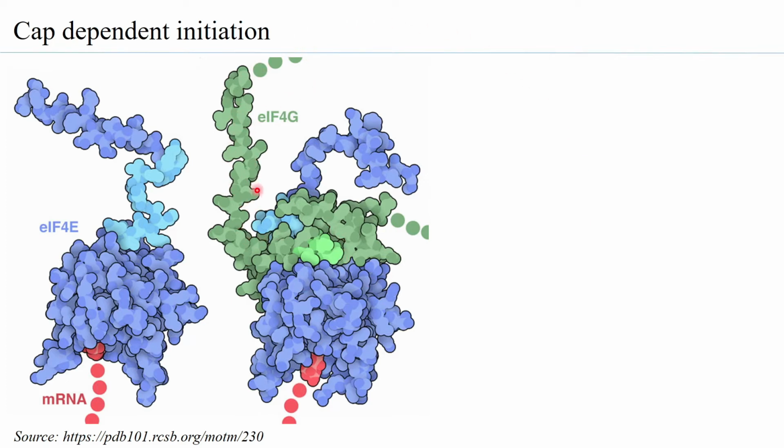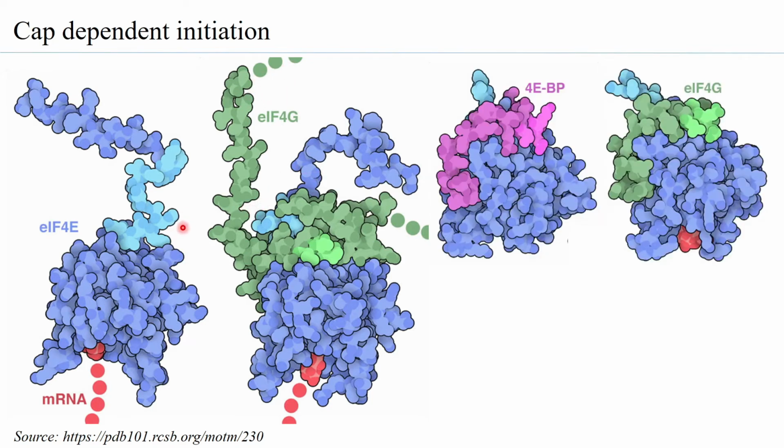So the tail is bound to the EIF4G, whereas the head or the 5' cap is bound to the EIF4E. This is possible because the EIF4G has a domain that can bind to the poly A binding protein, and therefore they can very easily bind to the 3' end of the mRNA as well.